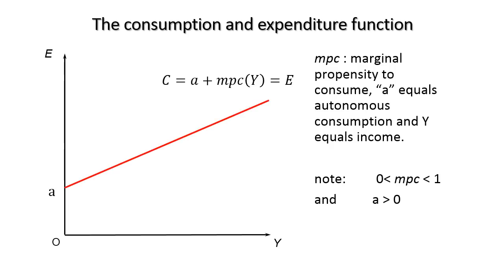But there is the consumption function, which is also the expenditure function here because E is equal to C. And in diagrammatic form, you can see that when income is equal to zero, there is some level of consumption given by A, but as income increases, expenditure or consumption also increases, but only by the proportion given by the marginal propensity to consume. Bear in mind that the marginal propensity to consume will be between 0 and 1, like a percentage. And A will be positive.